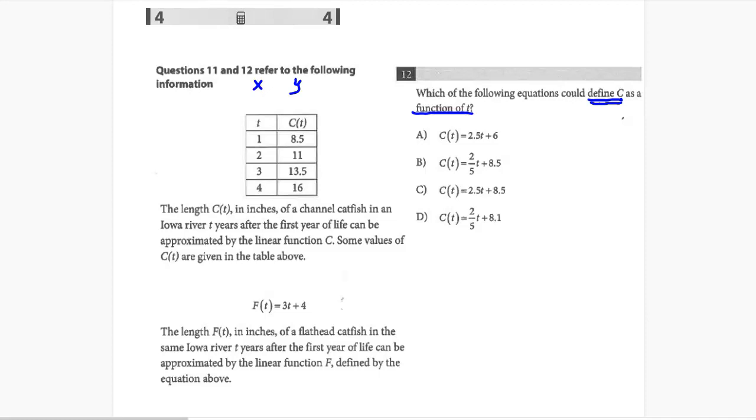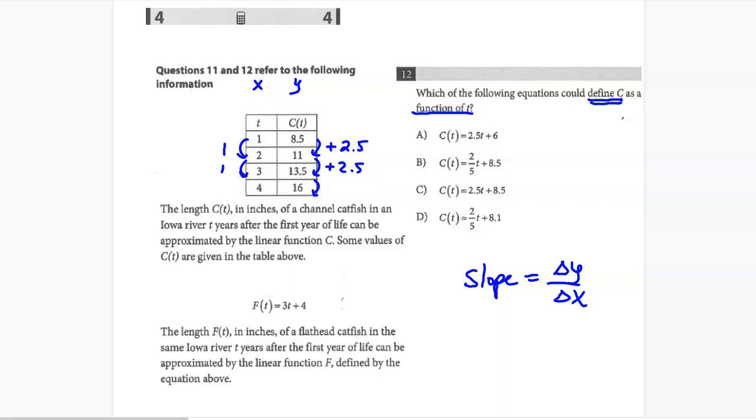And remember slope. Slope is always the change in y over the change in x. So whenever you're given a table, just look and see what the y is changing by, and it looks like we are growing by 2.5 on every single interval. So I know that's going to be my slope because x is going by 1.